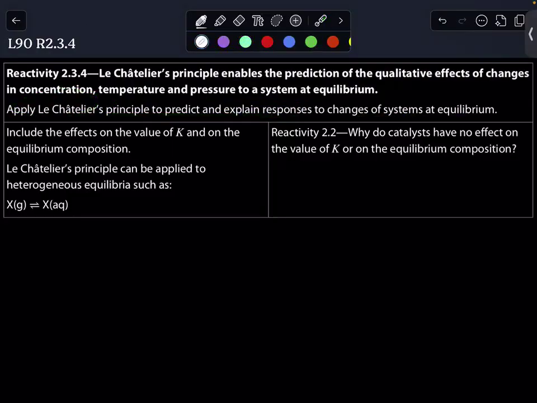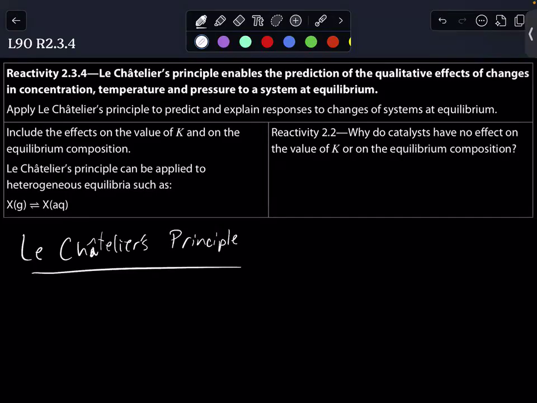So, with that said, what the heck is Le Chatelier's principle? As we just discussed in the intro, this is going to help us predict which way an equilibrium will shift in response to any change in a system.